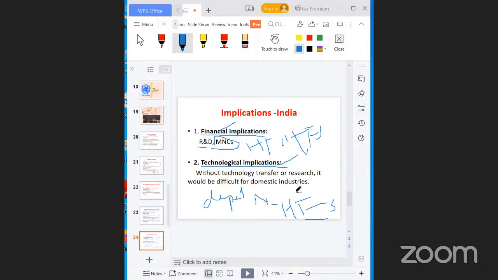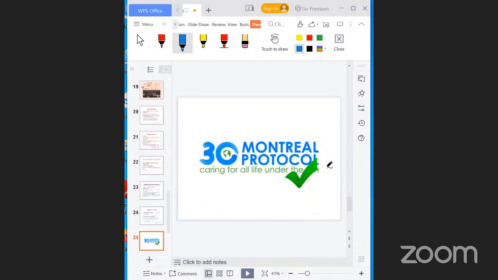So without technology transfer or research, it would be difficult for some domestic industries to compete with them in the global as well as domestic market, right? So these are the implications for India.